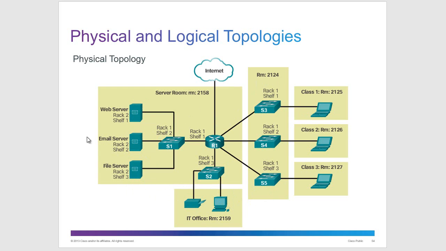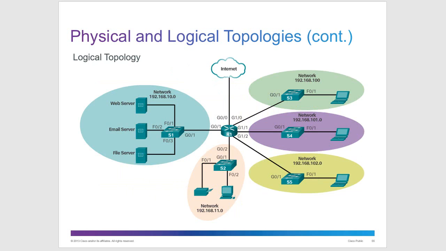It's a little different with your logical topology, which we have here. Your logical topology is going to show you the way a network transfers frames from one node to the next. So you've got all of your ports listed, you've got your networks listed. Everybody in this section is in that network here, the 10.0 network.